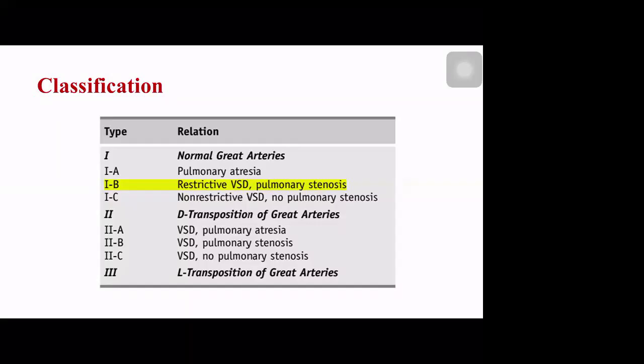Type 2A has pulmonary atresia, type 2B has pulmonary stenosis, and type 2C has no pulmonary stenosis. But in all these varieties, there is always a ventricular septal defect. Type 3 is LTGA. So this is the classification of tricuspid atresia.